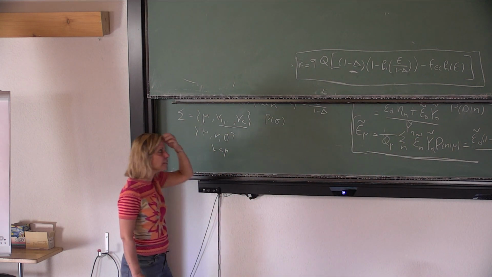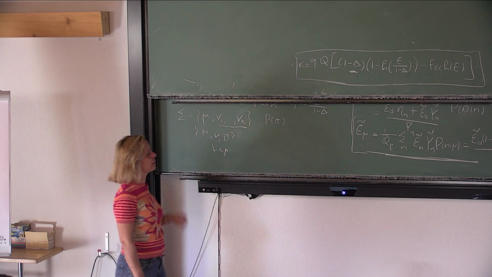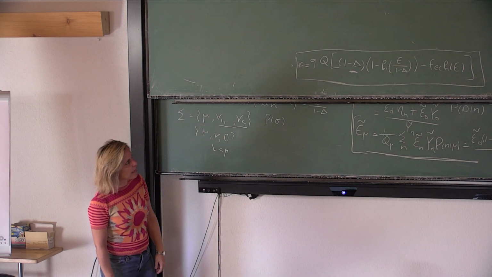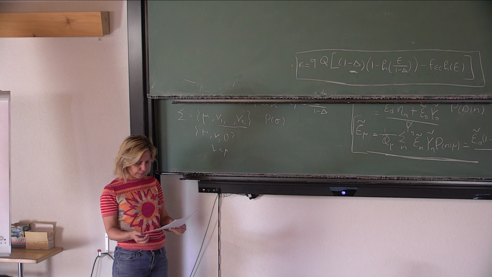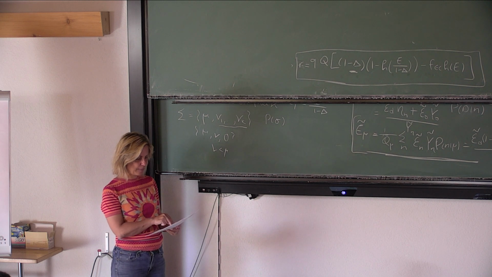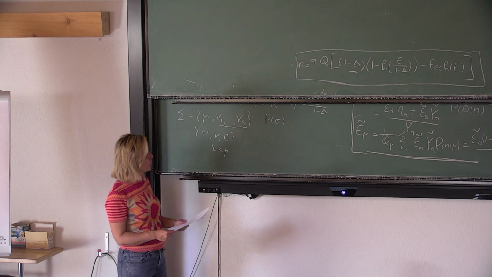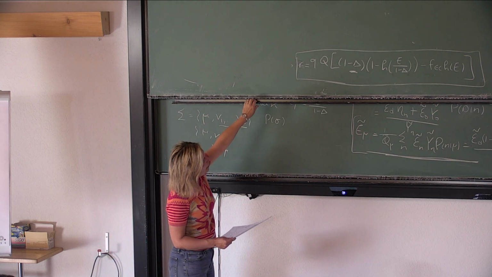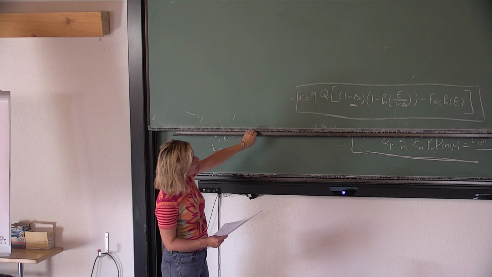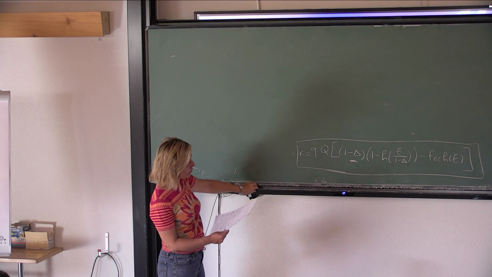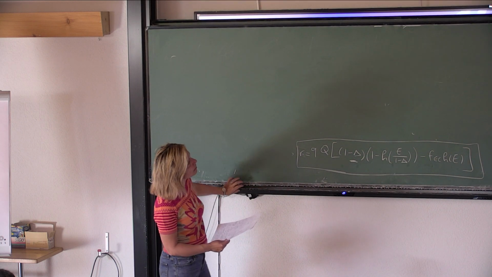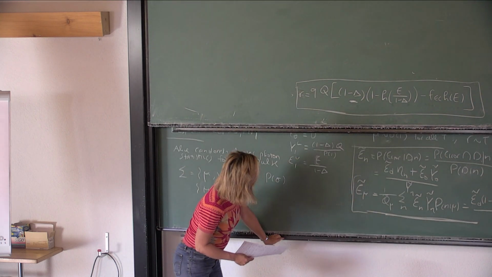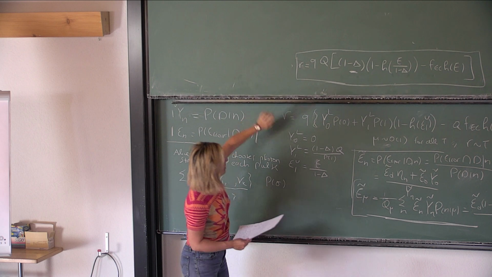So we have managed to write these expressions that enter the secret key generation rate as a function of parameters that are accessible experimentally. This is important because now we can go back to our secret key generation rate and write the final expression, which is close to the one that I had written here.